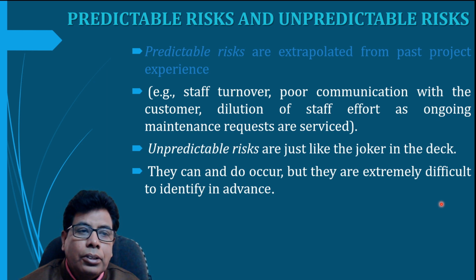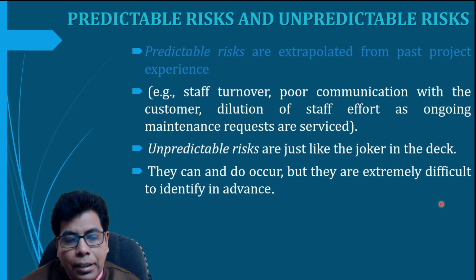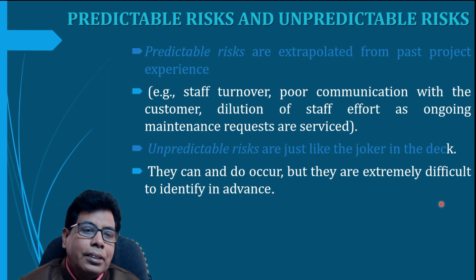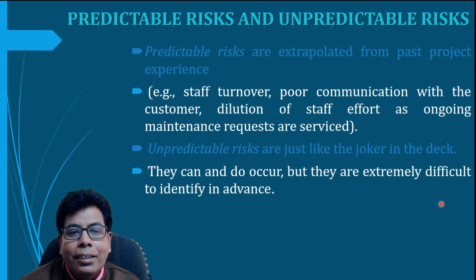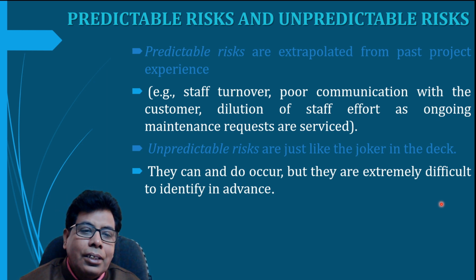So we can predict them from the past projects. Then coming to the unpredictable risk, they are just like a joker in the deck. Whenever we have a joker in the deck, it can occur, but it is extremely difficult to identify.